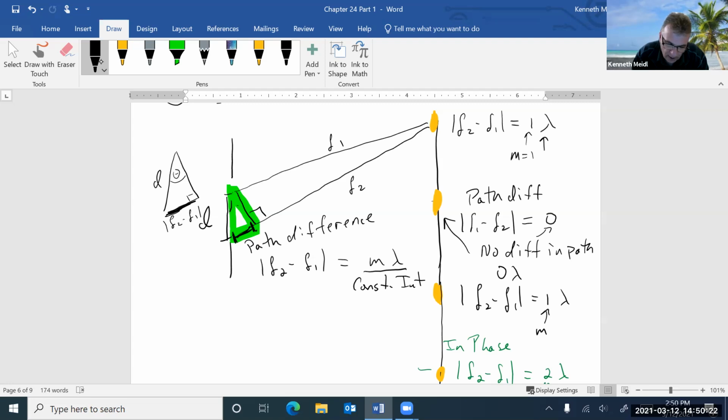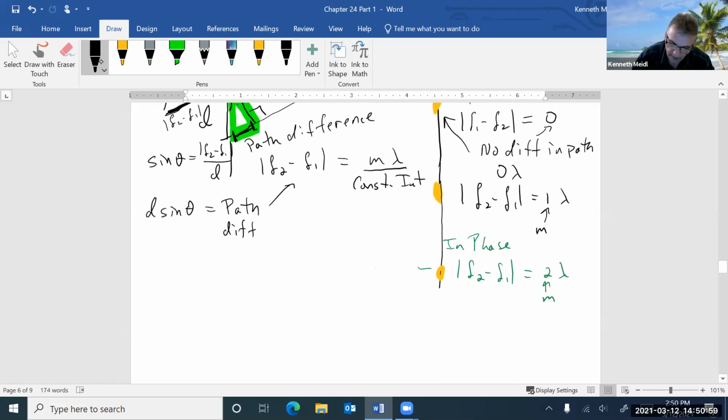And so, if I were to look at that little triangle, what I control as the experimenter is D, I would know what that number is. And it looks like the sine of that angle is the opposite side, the path difference, all over D. So in other words, D times the sine of theta equals the path difference. And I'm going to substitute that right there. Okay. And so this is really for constructive interference only.